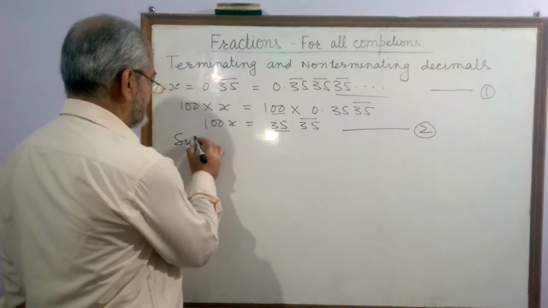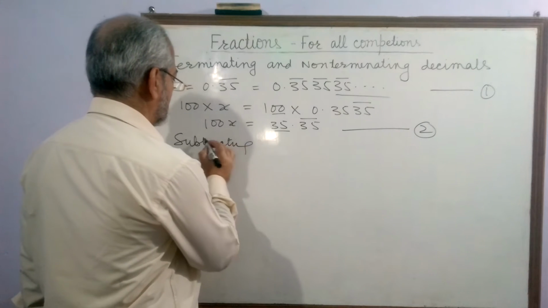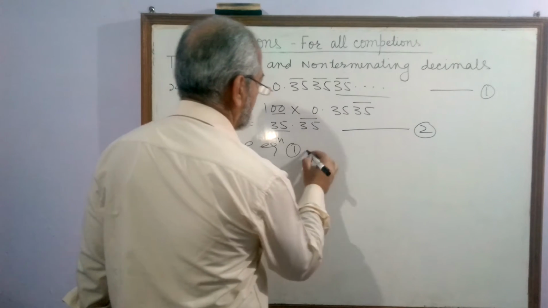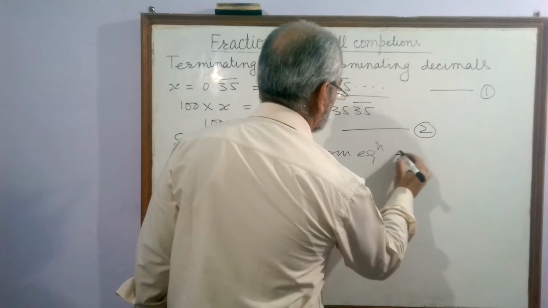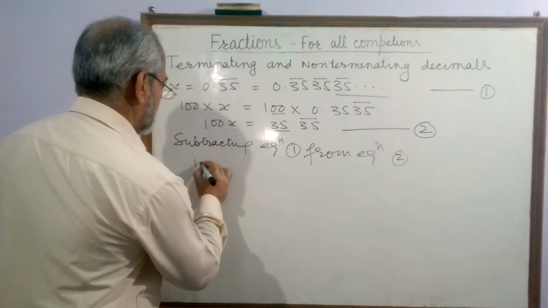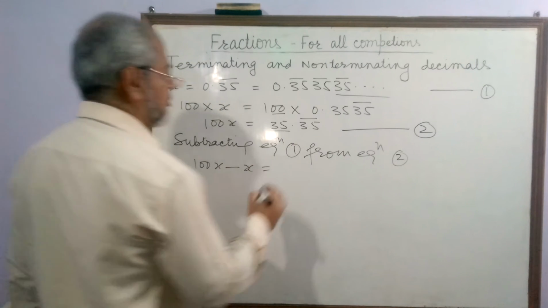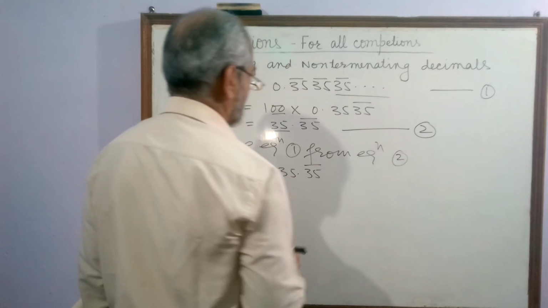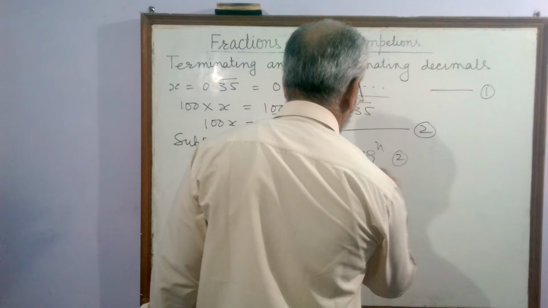Now subtracting equation 1 from equation 2, you will get 100x minus x is equal to 35.35 bar minus 0.35 bar.